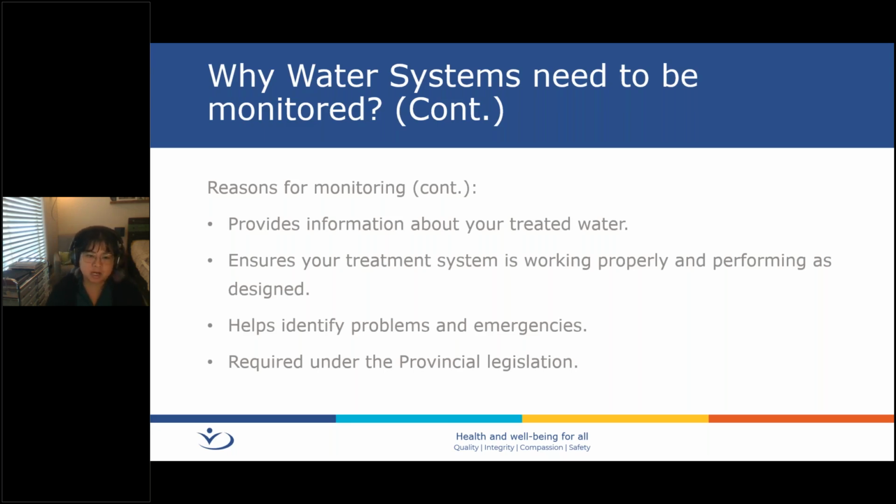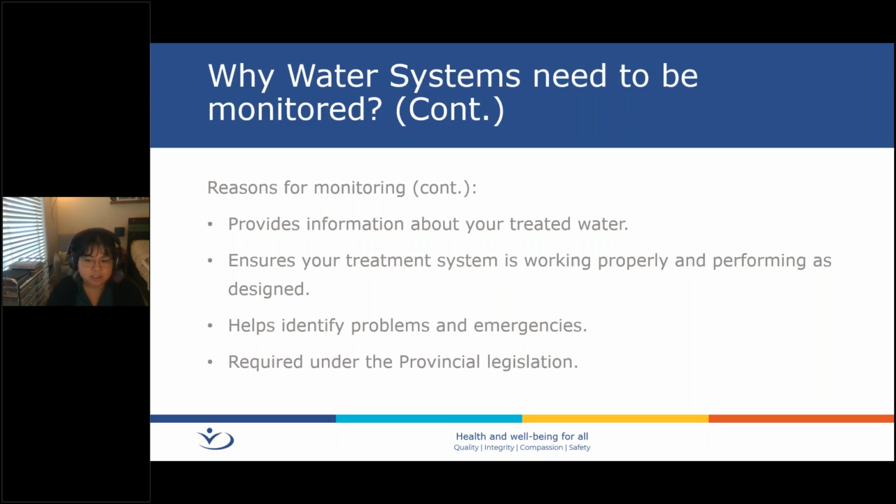But water suppliers are responsible for delivering safe drinking water that meets the requirements in the Act and the regulation, as well as the conditions that are set out in their operating permits. And these requirements could include treating the water if that's necessary and ensuring water quality through monitoring.